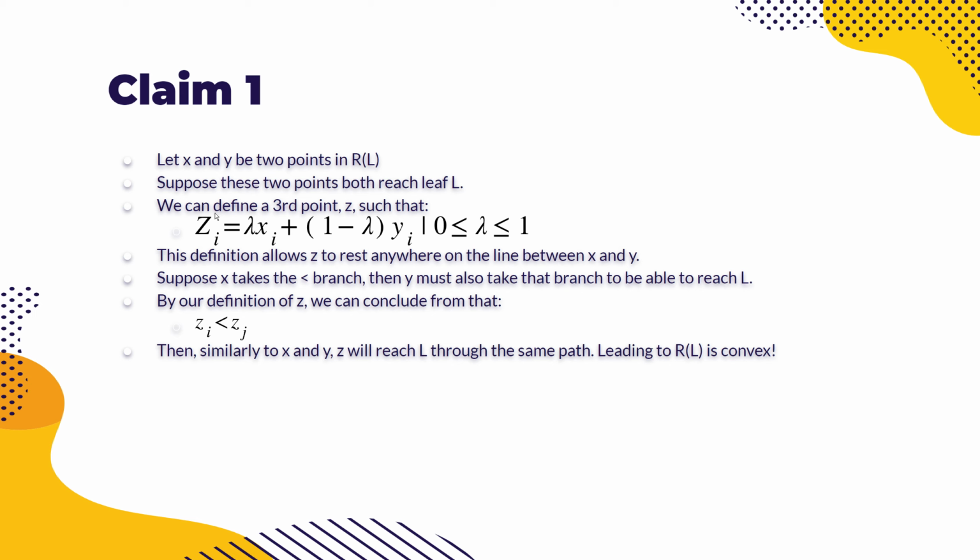So by our definition of z up here, we can conclude that z will also be taking the same path to reach L, so that it follows the line between x and y. And since that straight line will reach L, it leads to R of L being convex, which means that R of L is connected.